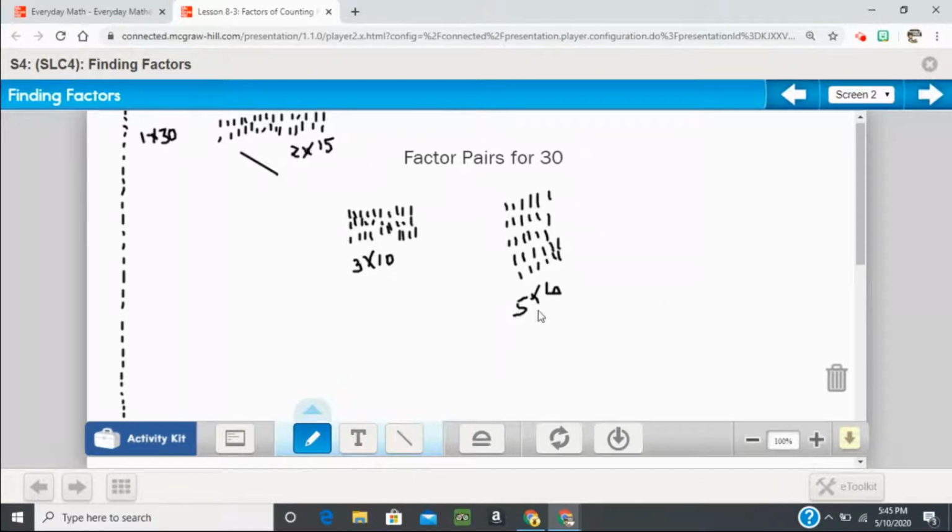The next one would be 6 times 5, which would equal the same thing. So all that we have left is a turnaround facts, because 6 would be the next one here. So our factors for 30 would be 1, 2, 3, 5, 6, 15, and 30.